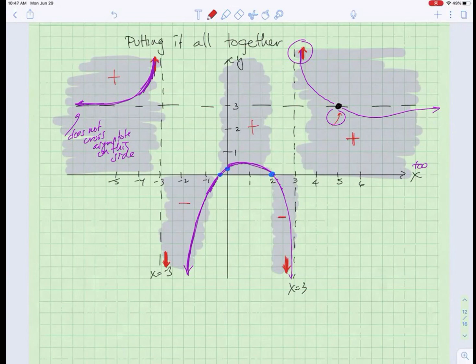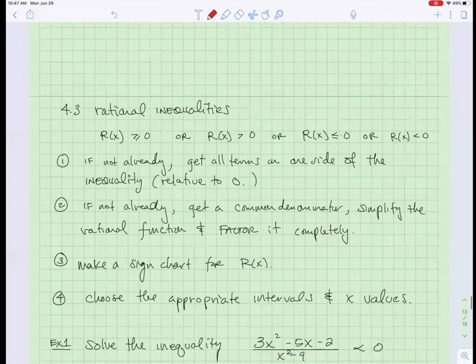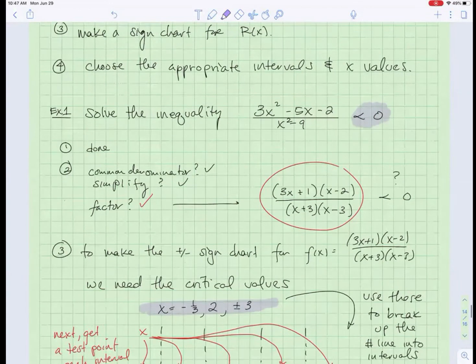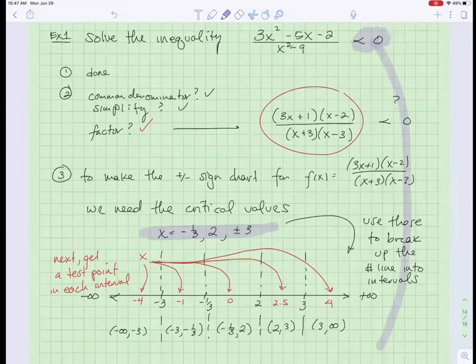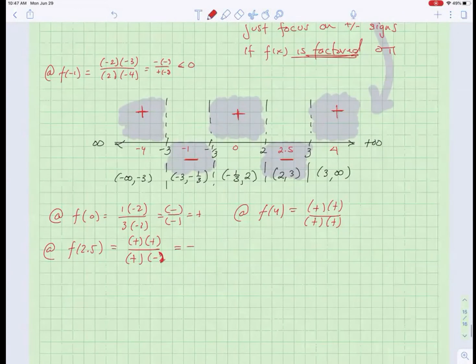But we're specifically going to use that here to answer the inequality question. When is this strictly less than 0? Well, this is going to be less than 0 when the interval is negative.